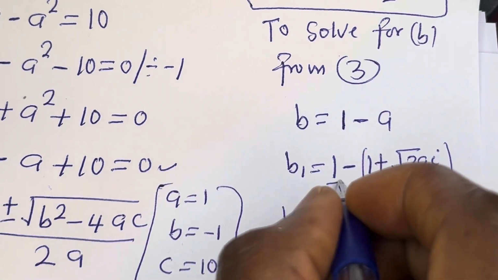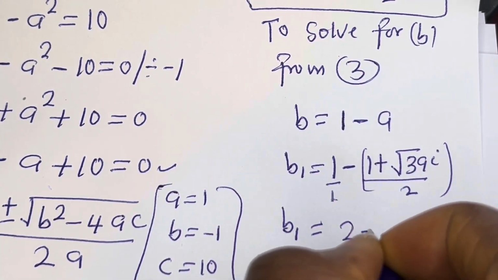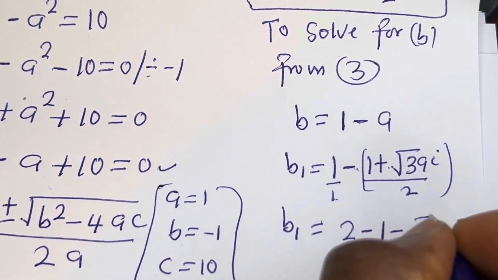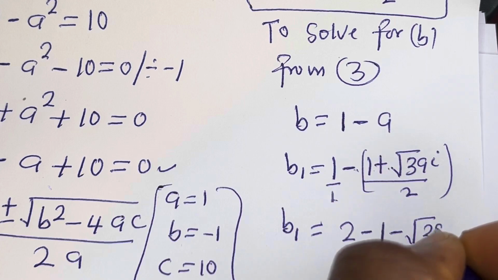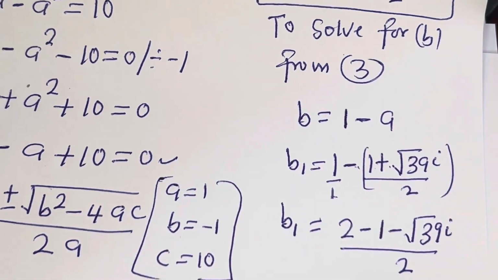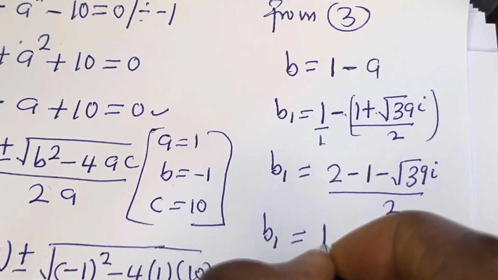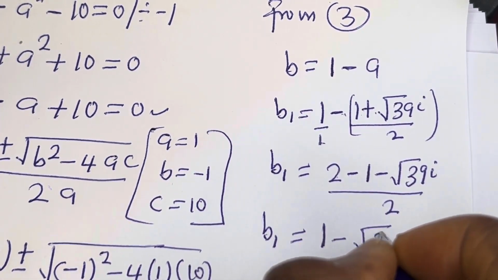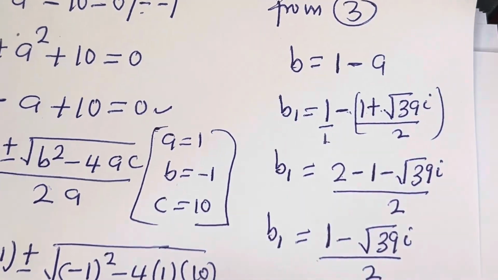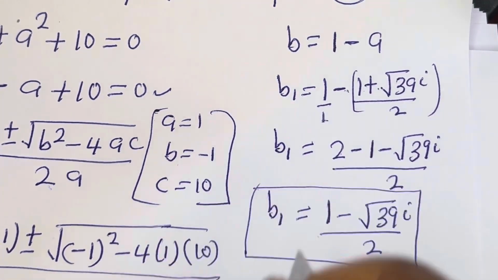This is divided by 1, 1 into 2 times 1, 2 minus 1, minus times plus, that is minus square root of 39i over 2. b1 is equal to 2 minus 1, that is 1 minus square root of 39i over 2. This is the value of b1.